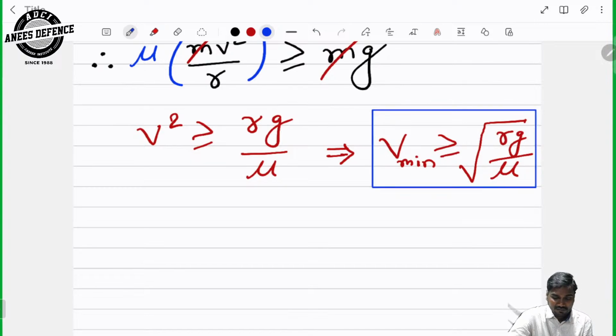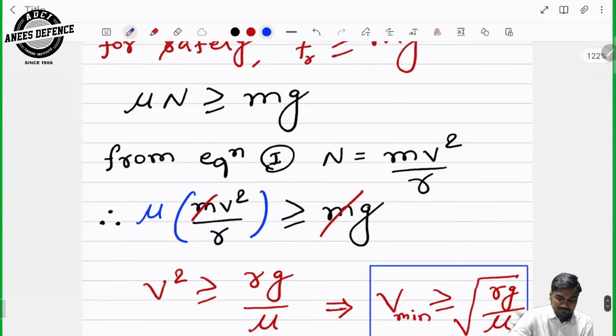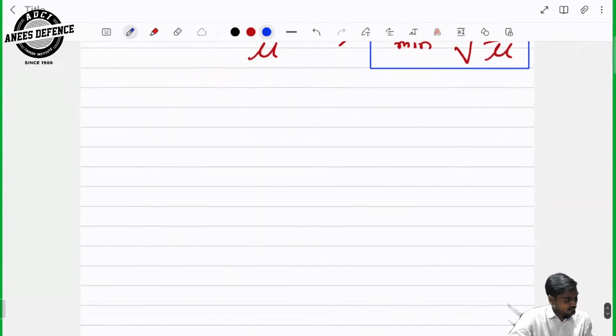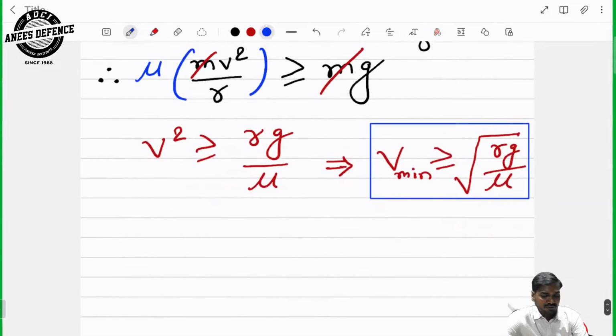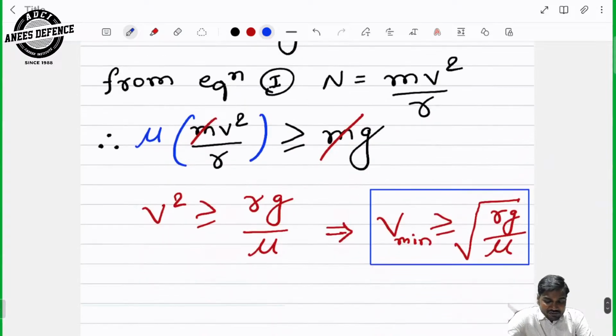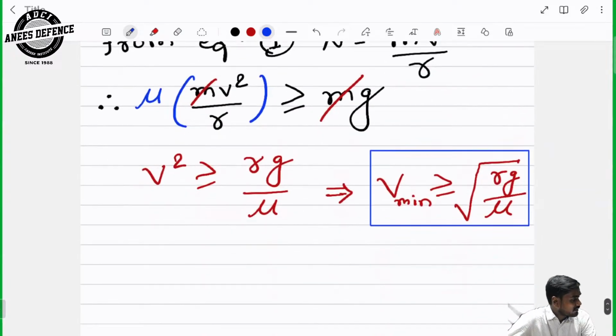Okay. Noted? Okay. Next. What you are observing, velocity is not dependent on mass.